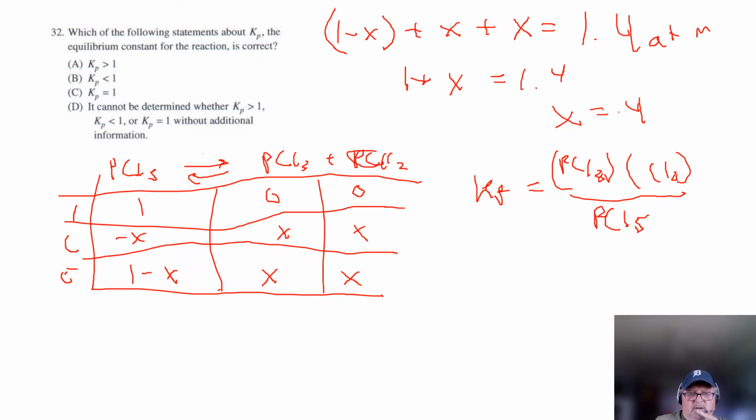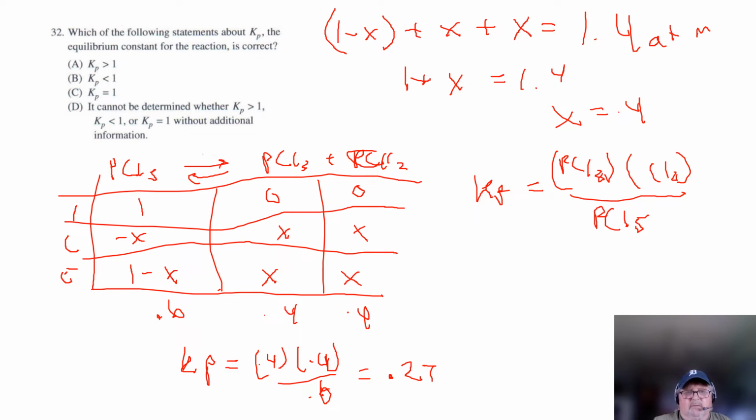We get 1 minus 0.4, so this is 0.6, and these are 0.4. So Kp equals 0.4 times 0.4, all divided by 0.6. When you do that, the answer ends up being 0.27.